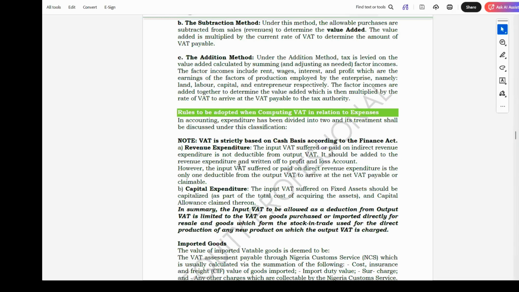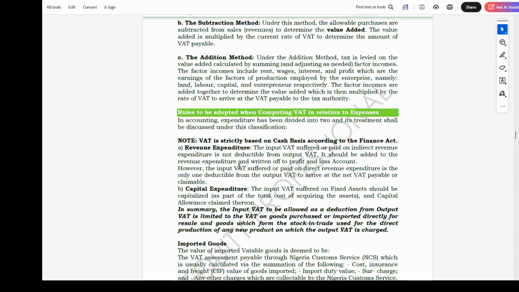Please, for the purpose of computation of value-added tax, take note, only direct revenue expenditure will be part of our input VAT that will be deducted from output VAT.